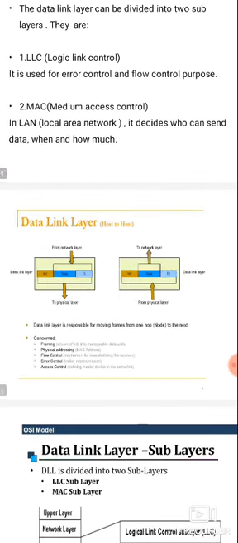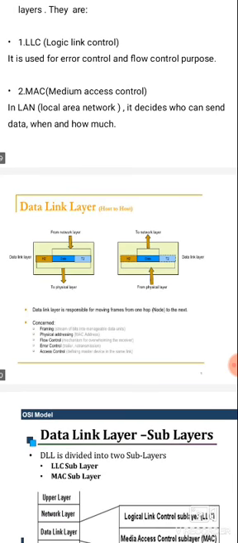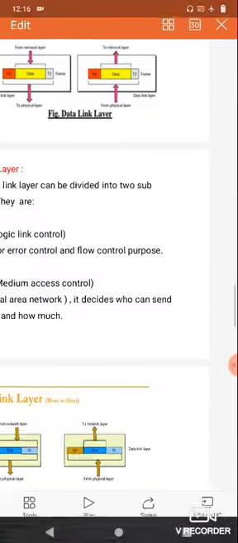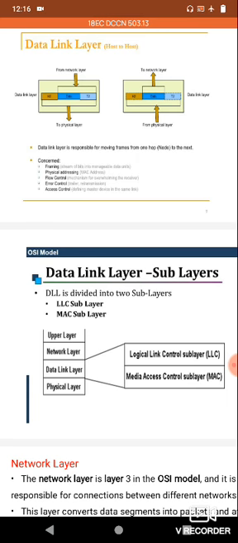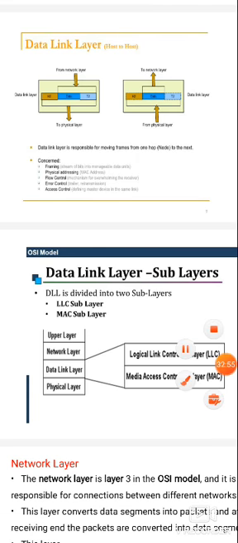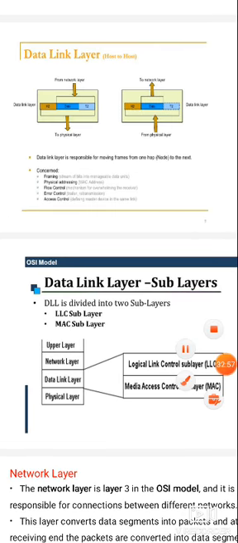It consists of two sublayers, LLC and MAC, and its main aim is to transfer data in the form of frames and to handle error correction and error detection. At the same time, the data link layer adds the header and trailer information. Header information is the source address and trailer information is the destination address, where to send and where to receive.